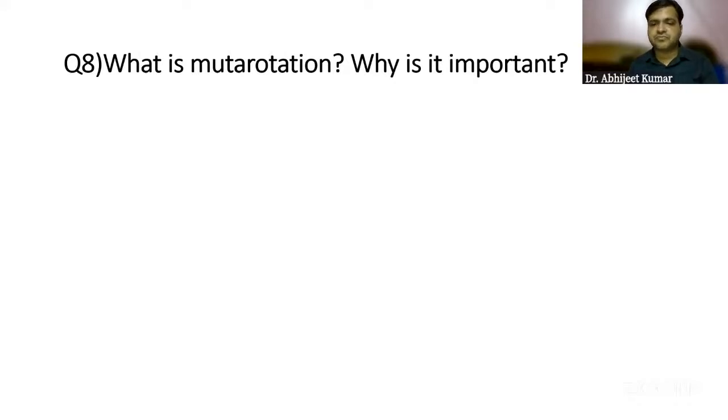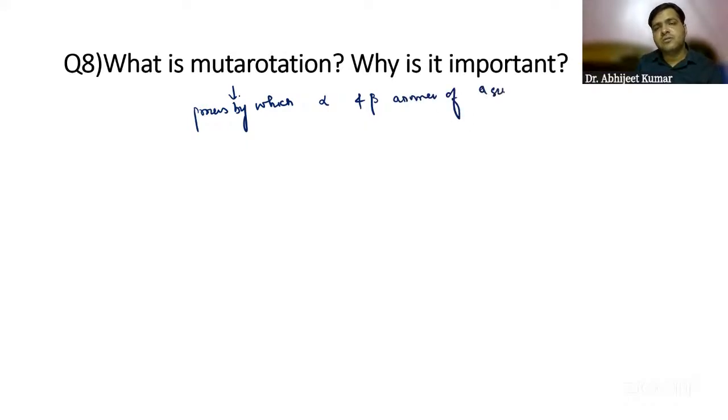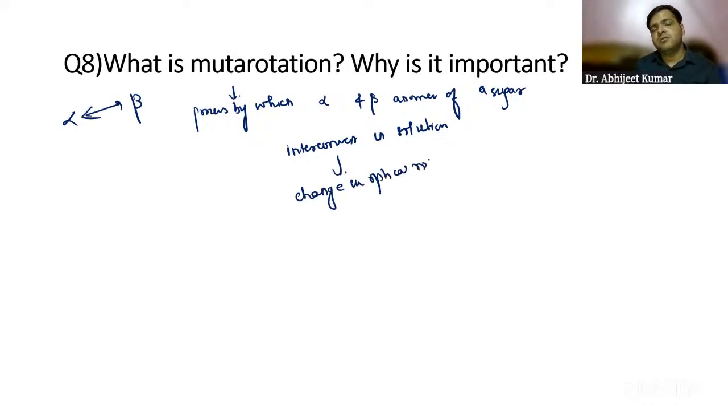Mutarotation is the process by which the alpha and beta anomers of a sugar interconvert in solution, and there is a change in optical rotation over time.